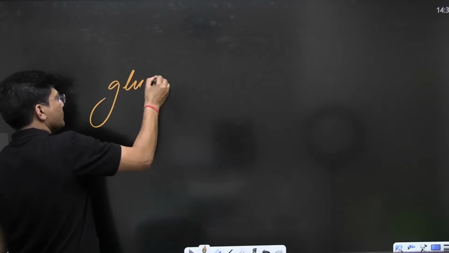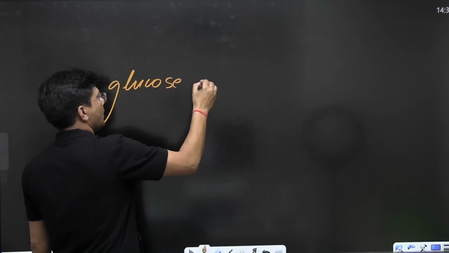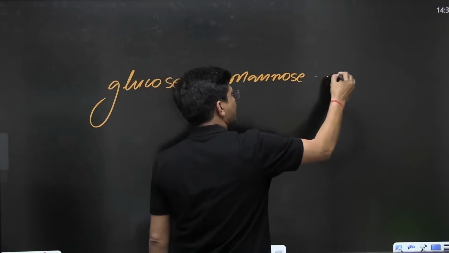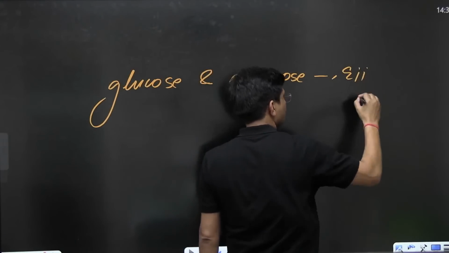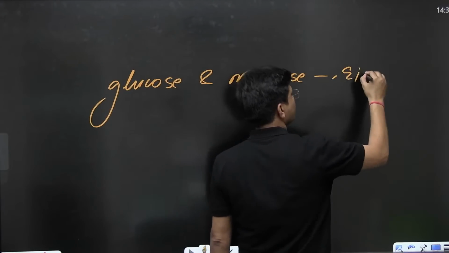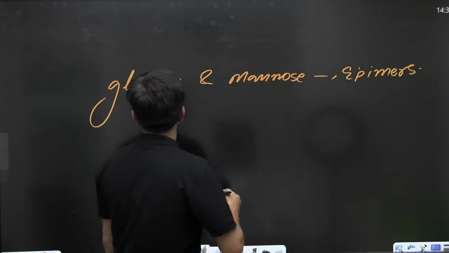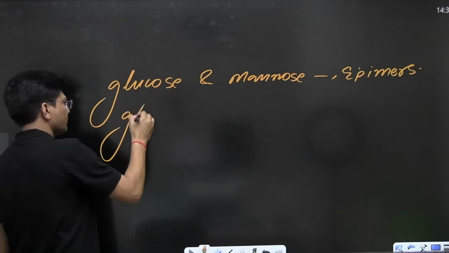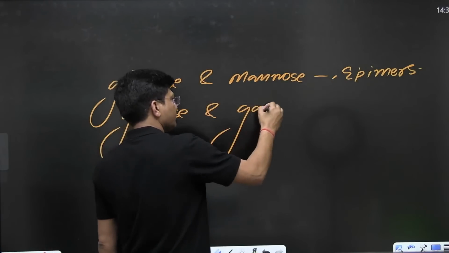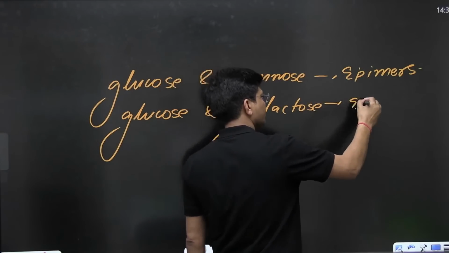glucose and mannose, they are epimers. Glucose and galactose, they are epimers.